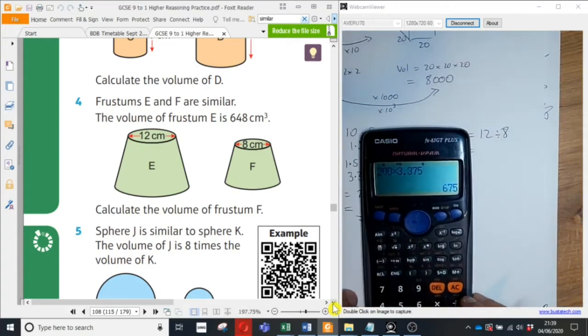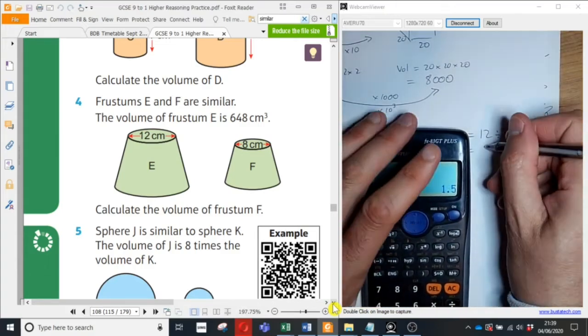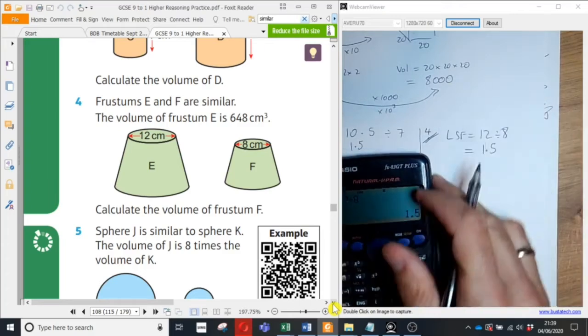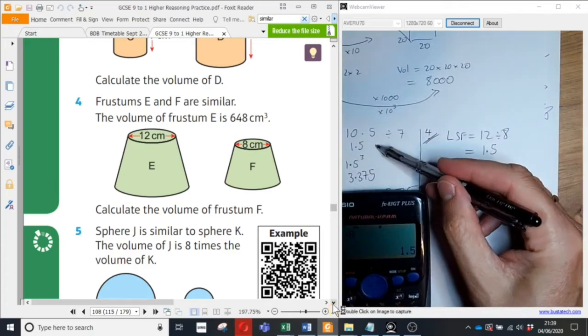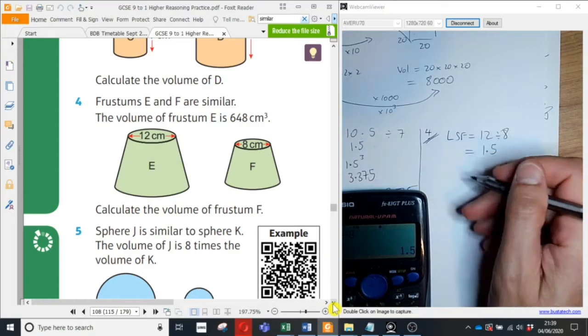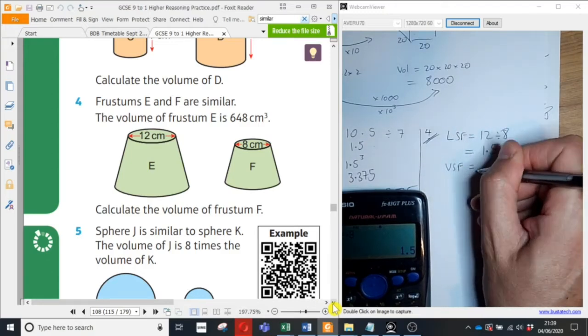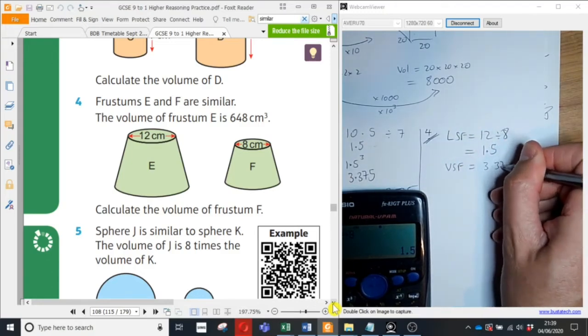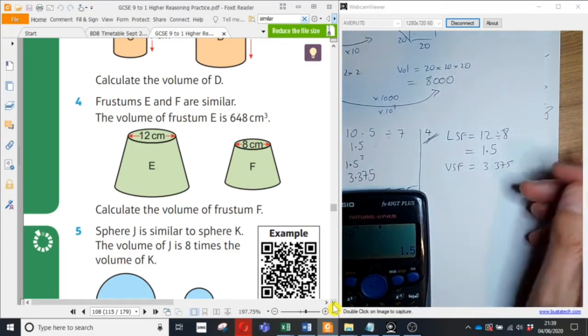I think that's 1.5, but let's check. Yes, it is. So the length scale factor is 1.5. In fact, it's the same scale factor, sadly, as before, which means the volume scale factor is the same as before, 1.5 cubed.